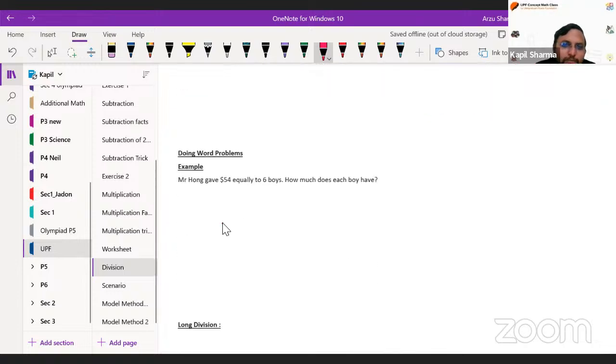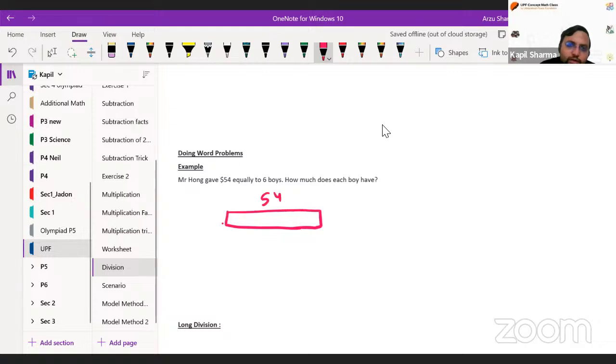Now let's solve some basic problems related to division. So try to answer this in the chat box quickly. Okay, Swastik, good. So essentially we have to divide 54 into 6 equal parts. Okay, good, Yashika.